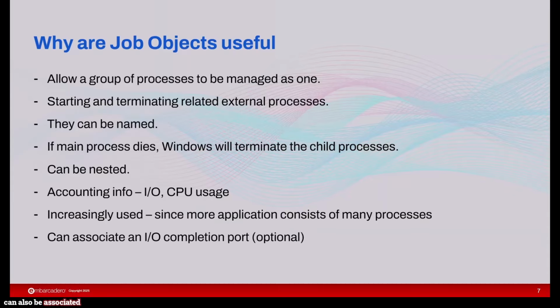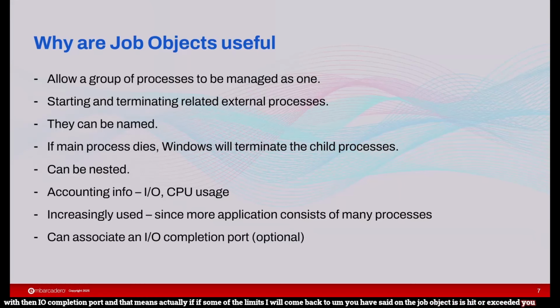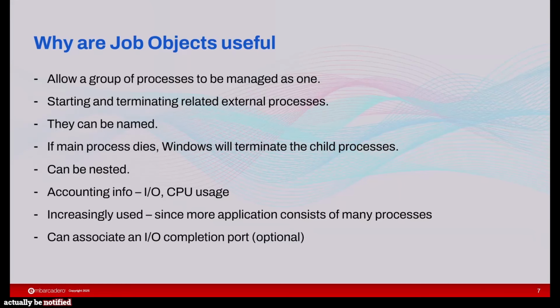It can also be associated with an I/O completion port, and that means if some of the limits I will come back to that you have set on the job object are hit or exceeded, you will be notified.